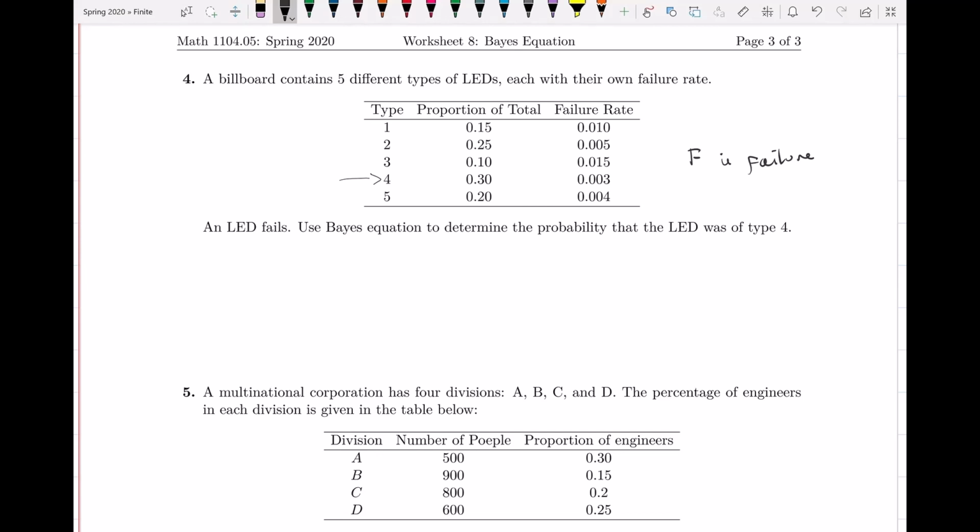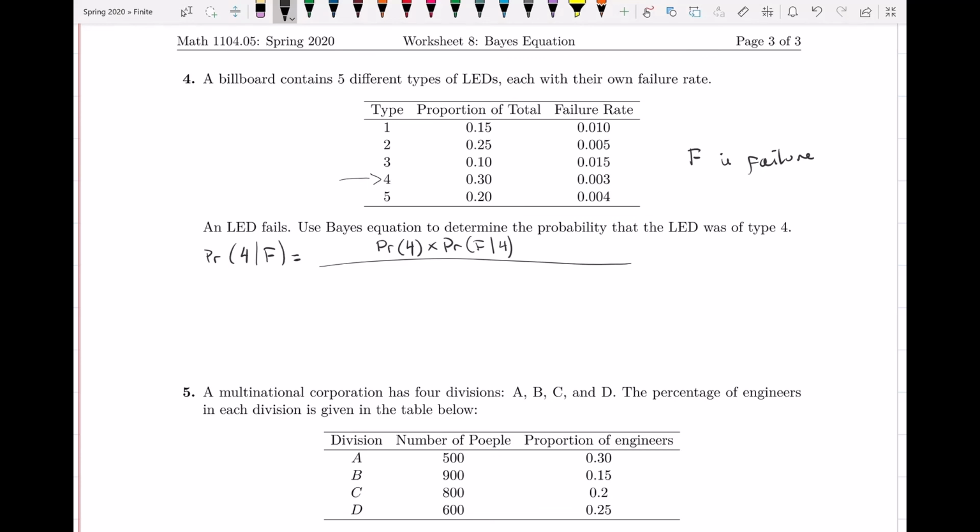So in this case, probability of being type 4 given failure. Bayes' equation says that this is going to be the probability of 4 times the probability of failure given 4. So we have the flipped conditional probability. That's good. And then we divide by all the different ways you can fail.